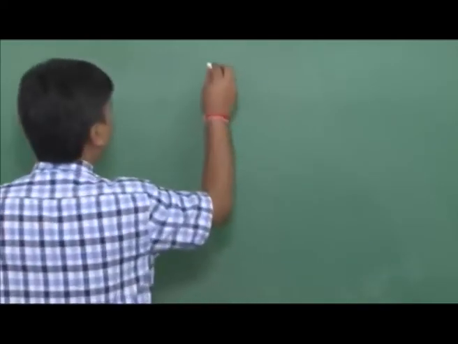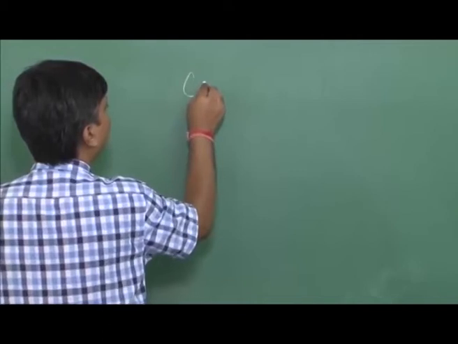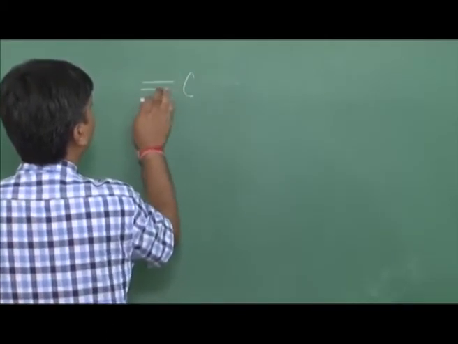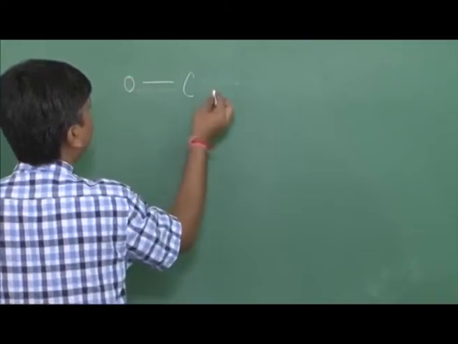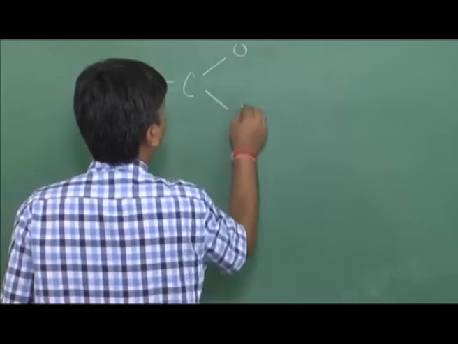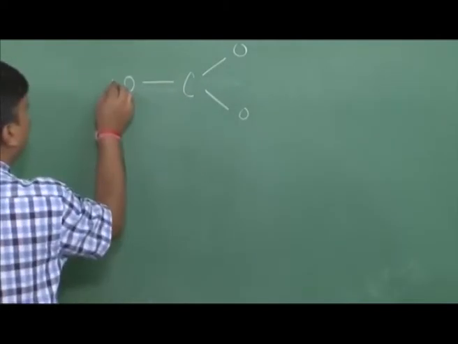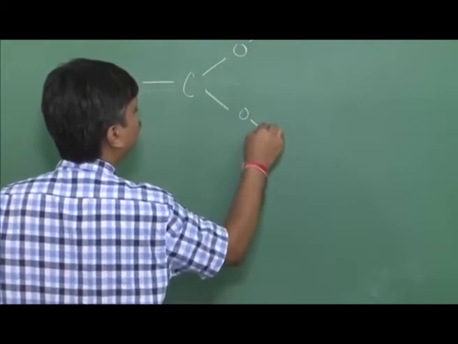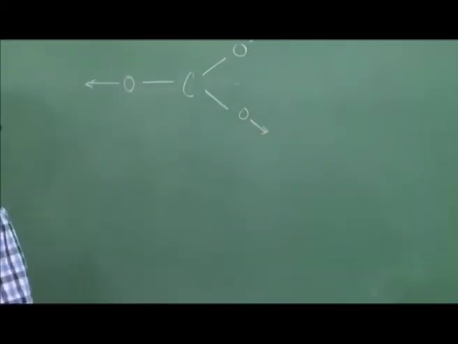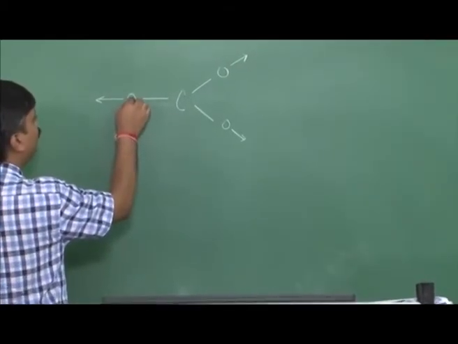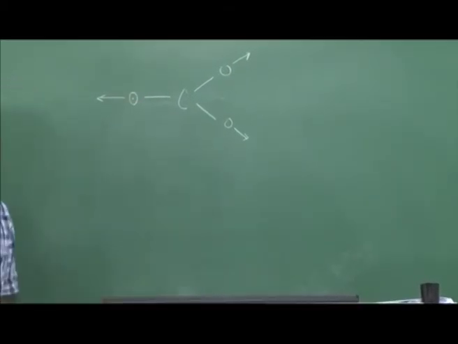So in one of the motions that I showed like this, I can take this x, y, z, and take this atom to be sitting at the origin.